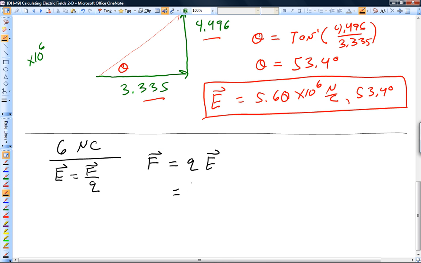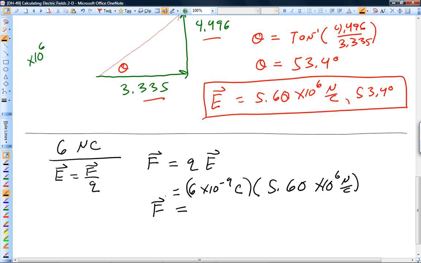So I just literally plug in 6 nanocoulombs, 6 times 10 to the negative 9 coulombs, times the electric field, 5.60 times 10 to the 6 newtons per coulomb. And when I plug that in, that is going to give me a force that is 0.0336 newtons, which is also known as 33.6 millinewtons, as long as we're practicing using our prefix.